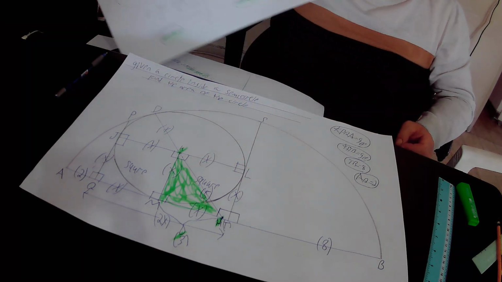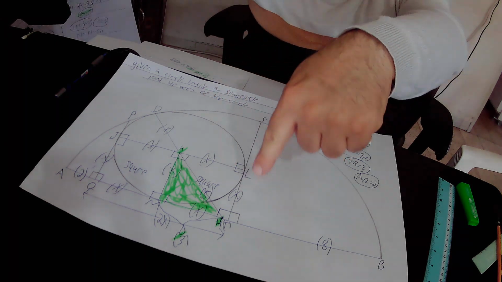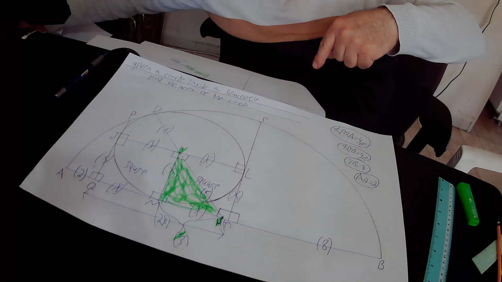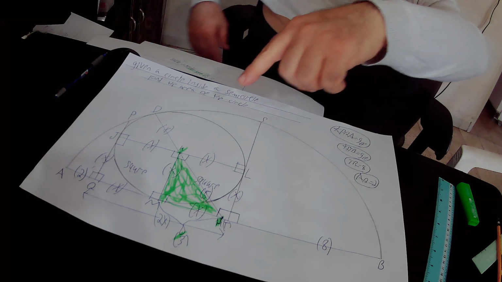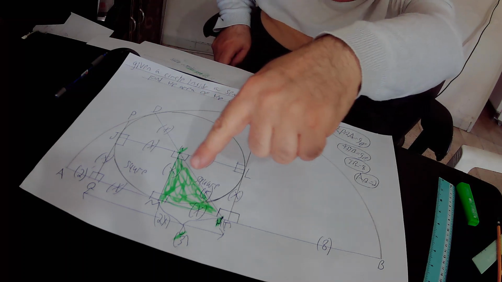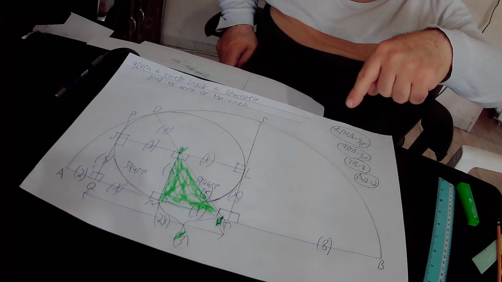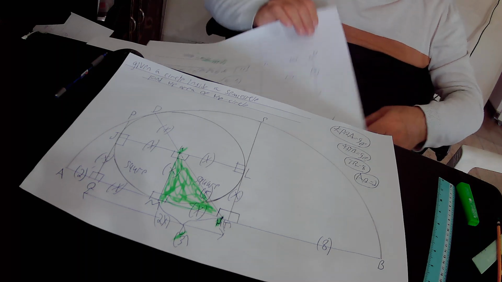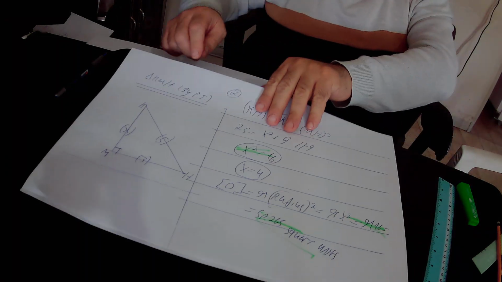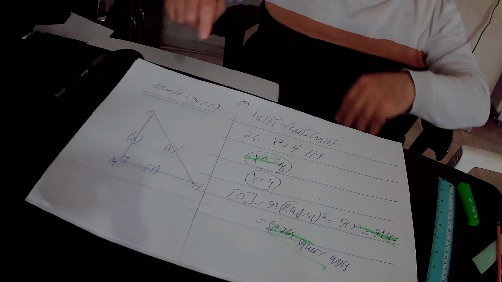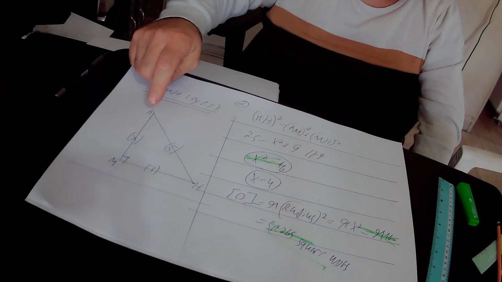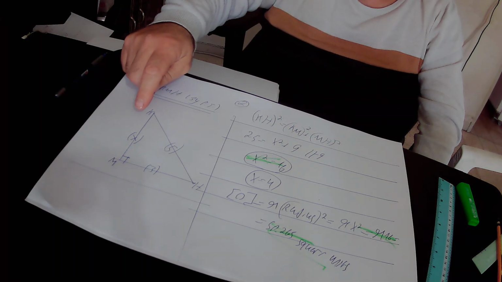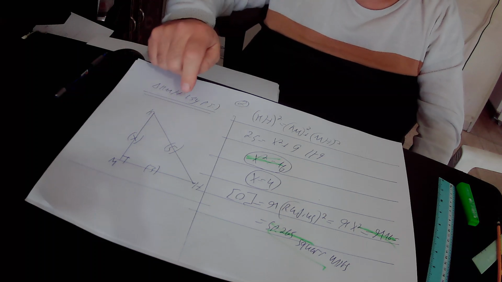In the next step, I copied the right green triangle KMH onto a new page, and we implemented the Pythagorean theorem on it. Side KM equals x, the radius of the small circle.